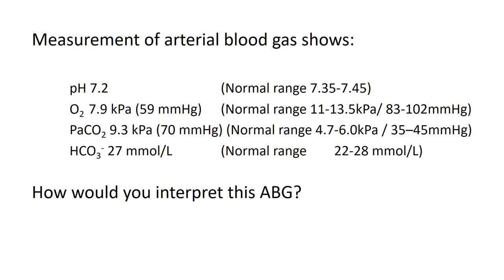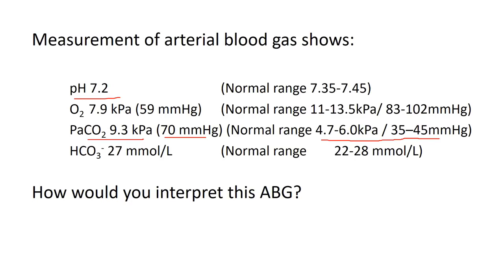Here is that man's ABG. Here we have a pH that is lower than the normal range, so we know that he has an acidosis. Then we're going to look at the CO2 because we suspect it's respiratory. And sure enough, his CO2 level is much higher than the normal range. He's retaining CO2.